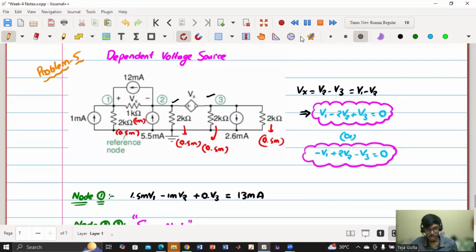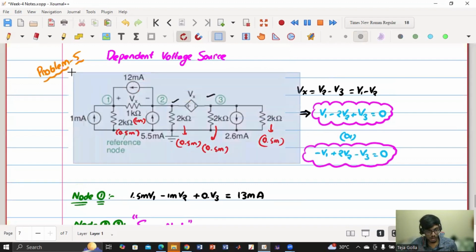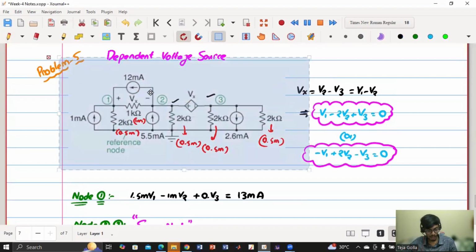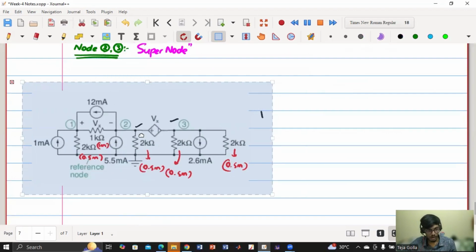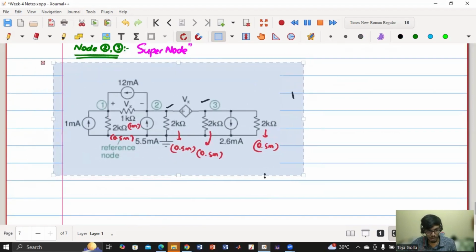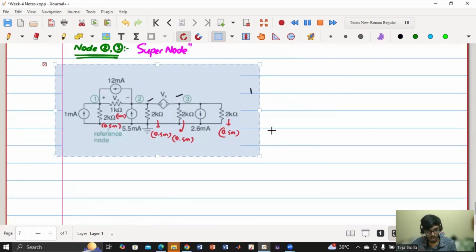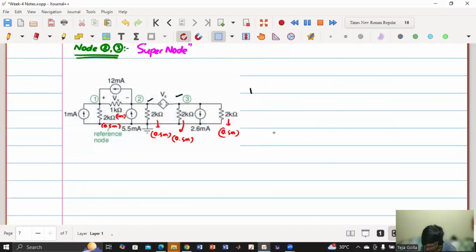Let us just take this down and we'll write the expression. Again, we'll use the same format. I'll use one color for one node and another color for another node, so it will be very clear if you go back and check. So now we have node 2 in orange color and node 3 in dark green color.